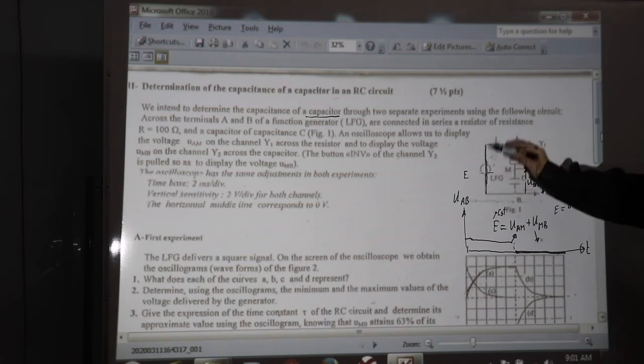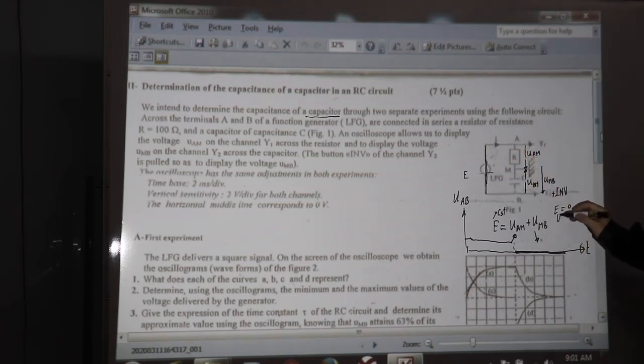E is 0 because there is no voltage anymore, so UAM plus UMB equals 0, which means that UAM is equal to minus UMB.